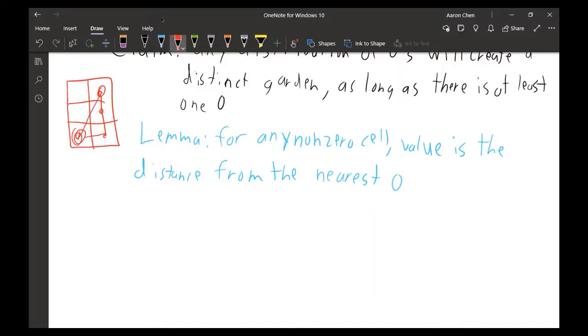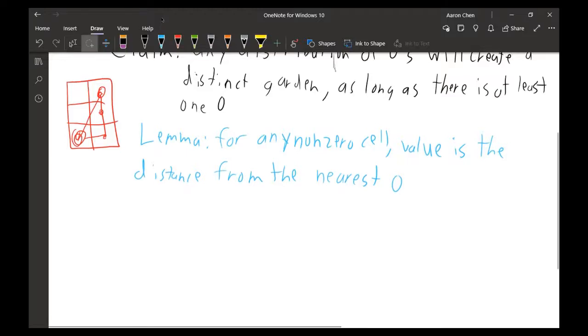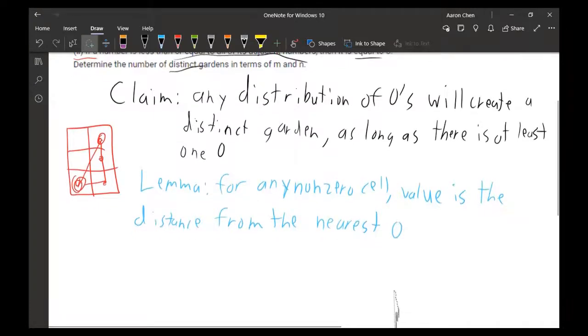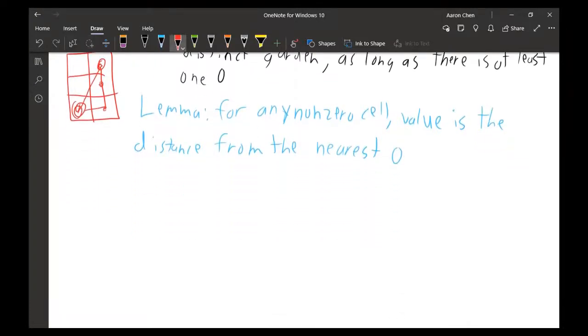So all cells with values that are not zero will always have an adjacent cell with a value that is less than itself. And that's just because of condition 2. If a certain cell is the smallest or one of the smallest among all of its adjacent numbers, then this cell is zero. But we are already working with a cell with a non-zero value.